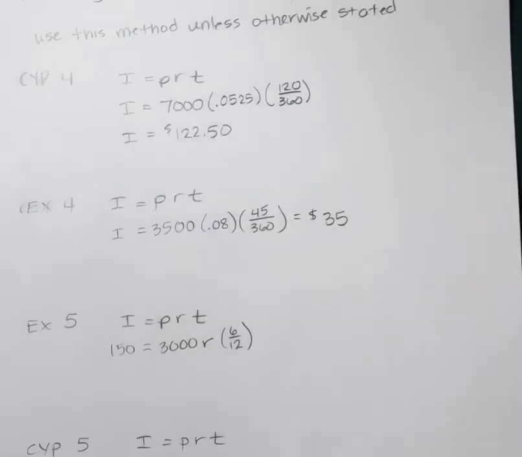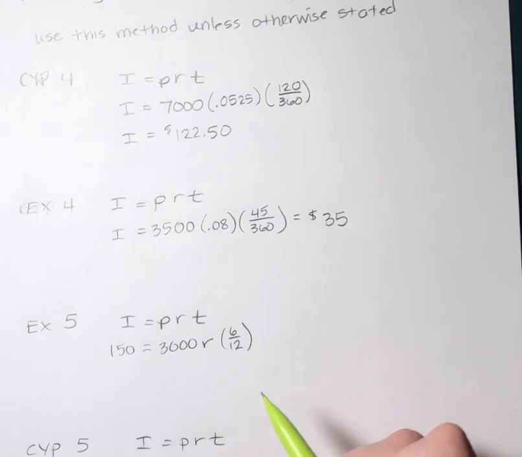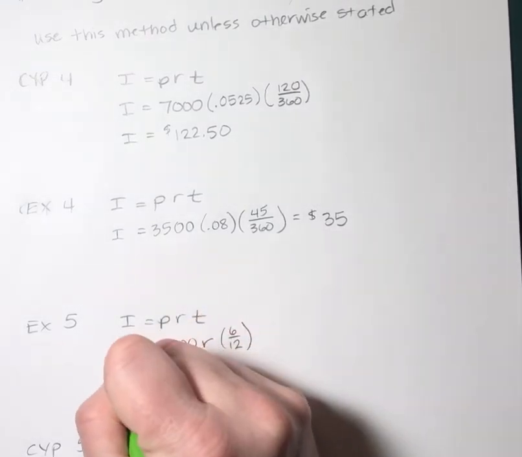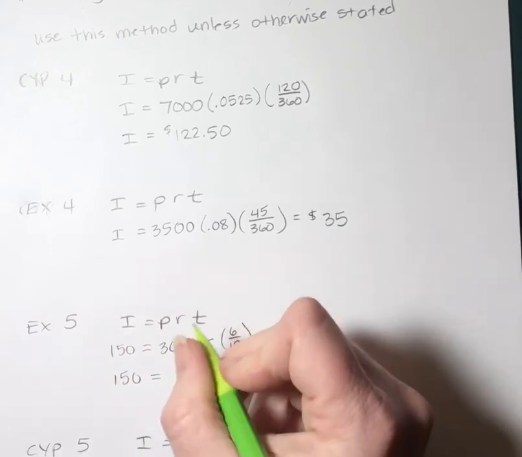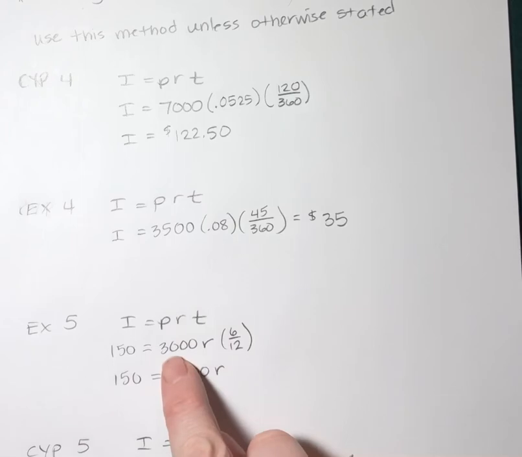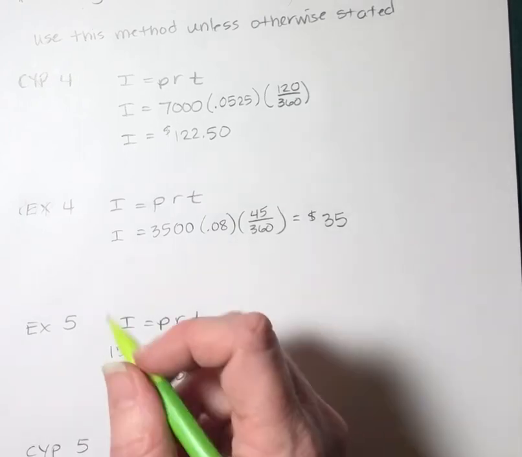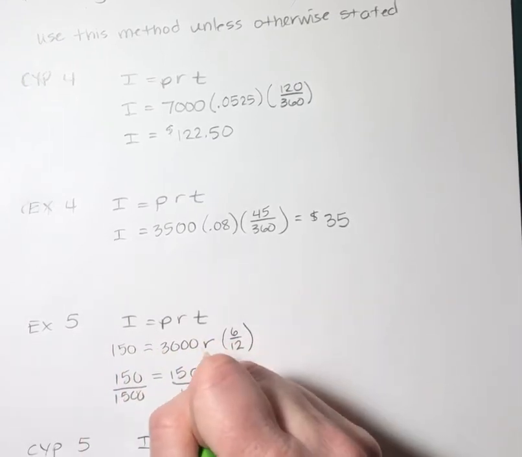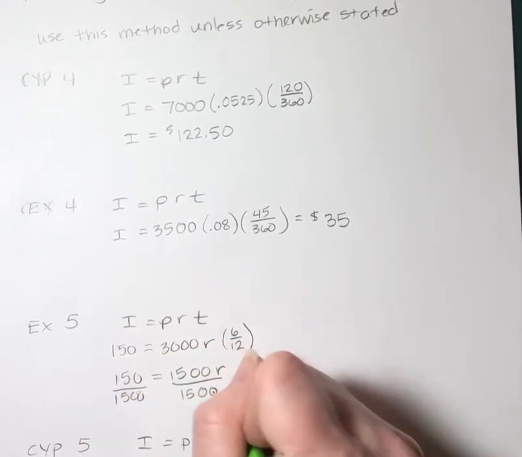So, sorry, having cat issues. I can multiply these two together. So I have 150 equals 1,500 times R, because this is half, so half of 3,000 is 1,500, and then I can divide by 1,500.